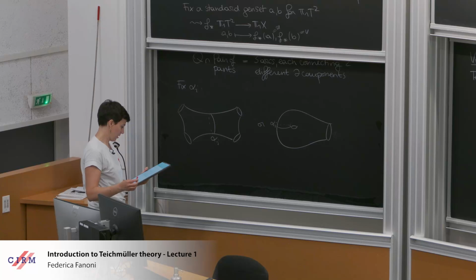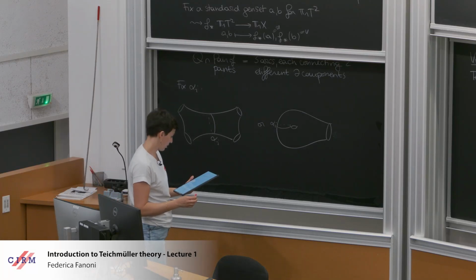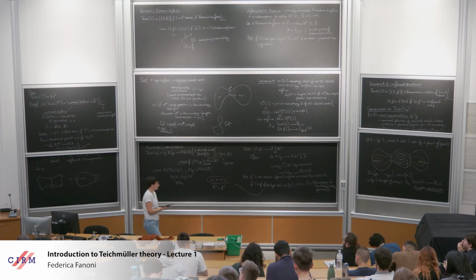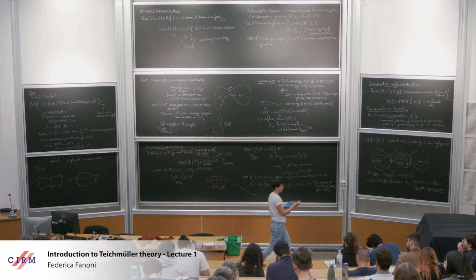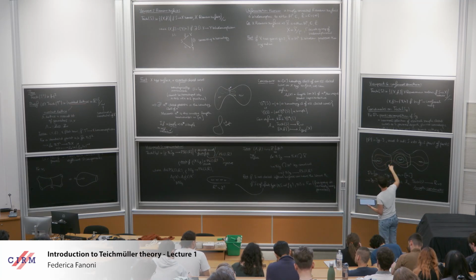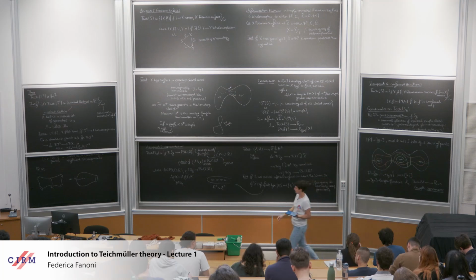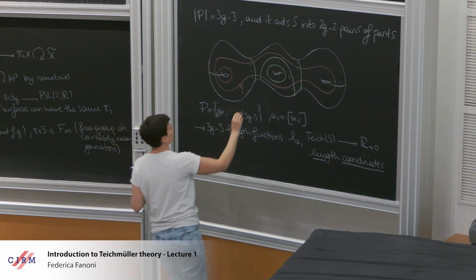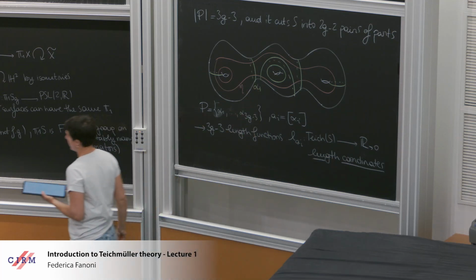Let me do it. I look at this curve here, eta, and suppose that my alpha i is that one. Then for the second case, it's analogous. So alpha i could be this one.